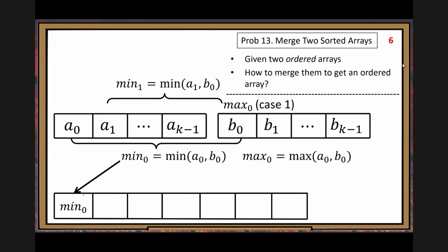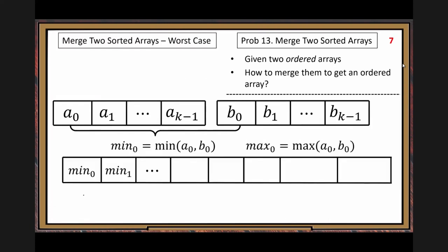Then we put min 1 in place after the second comparison. Min 1 is placed, and max 1 is left, which we can compare with the next one, and keep going.